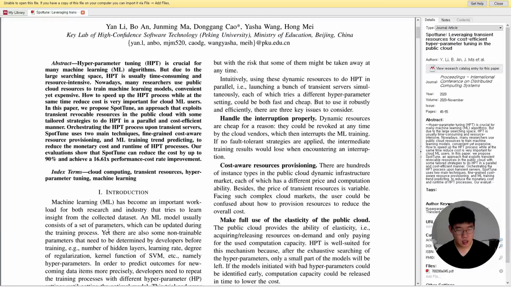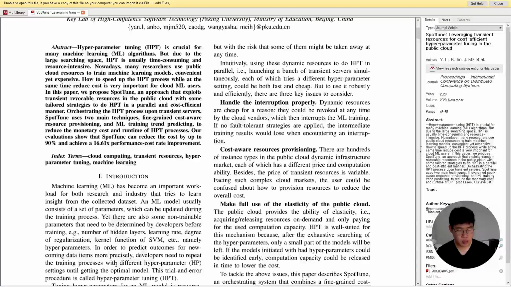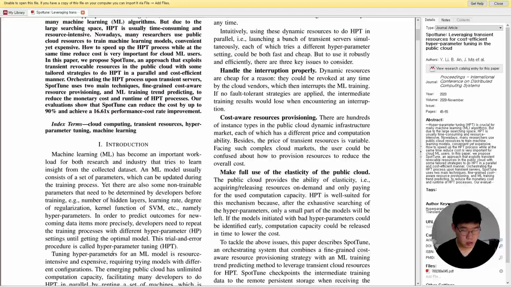Yet there are also some non-trainable parameters that need to be determined by developers before training, for example, the number of hidden layers, learning rate, degree of regularization, kernel functions of SVM, etc. Namely hyperparameters, in order to predict outcomes for newly coming data items more precisely. Developers need to repeat the training process with different hyperparameter (HP) settings until getting the optimal models. This trial and error procedure is called hyperparameter tuning (HPT).